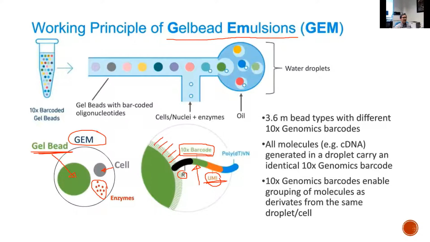This is ligated next to the 10x Genomics barcode. And after that, there's the poly T tail. This will be used to fish out, to hybridize to the poly A tail of the mRNA generated from the cell. So this is the structure of the GEM for one gel bead.